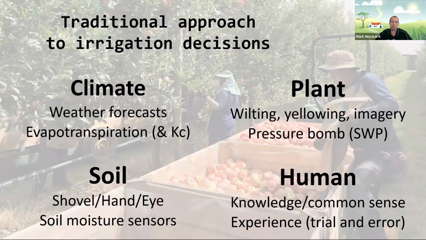We can also look at the plant itself. Many growers, of course, if they see signs of wilting or yellowing, know that maybe they need to irrigate more. Ideally, though, we want to avoid these. Similarly, there are some recent advances in imagery, satellite imagery or drone imagery, that claim to detect stress in trees.